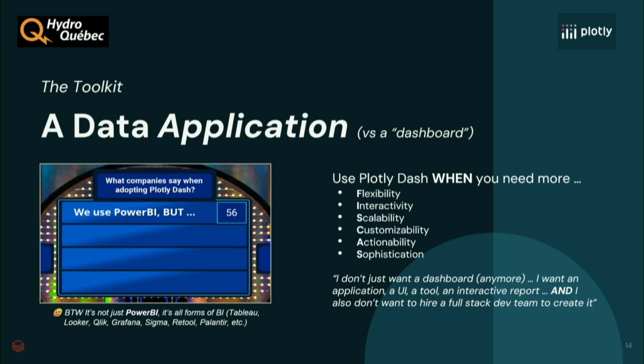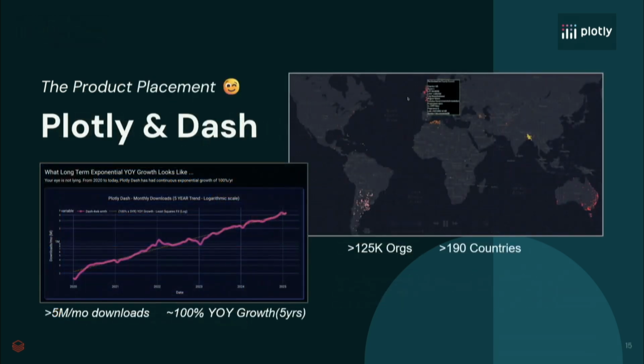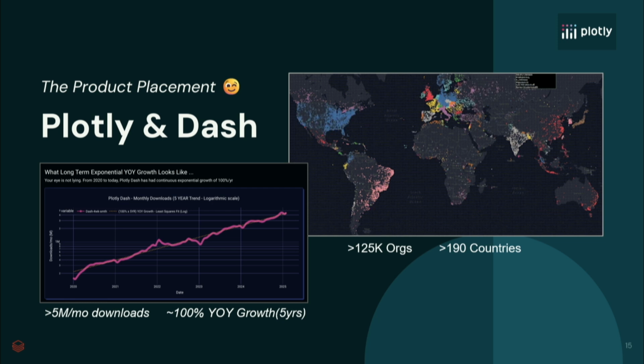I want an application, I want a UI, I want a tool. And, logically, he didn't want to hire a full stack dev team, right? Didn't want to go to Accenture. Could he do this thing himself, right? And this was 2019, so when he did this is pre-COVID. If you look at that chart on the left, that's actually a chart with a, what do you call it, like a logarithmic, exponential y-axis.